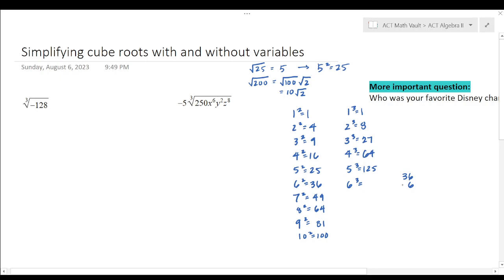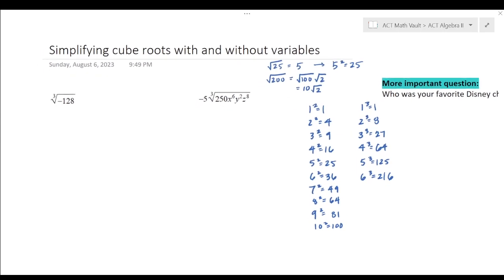This is where things start to slow down. I'm not going to give you anything higher than that, so we'll cut it off there. On this test you do have a calculator, so you can always go higher if you want to.